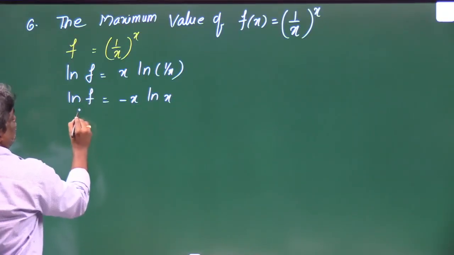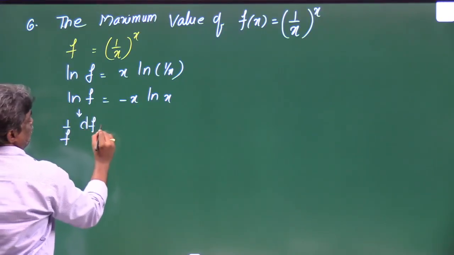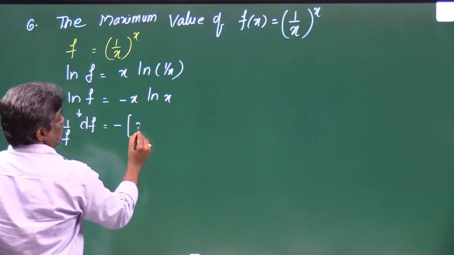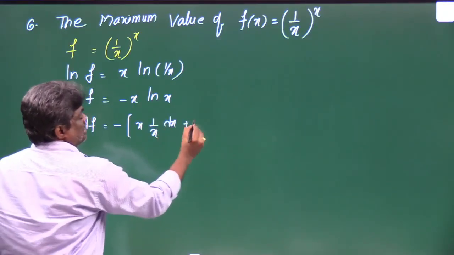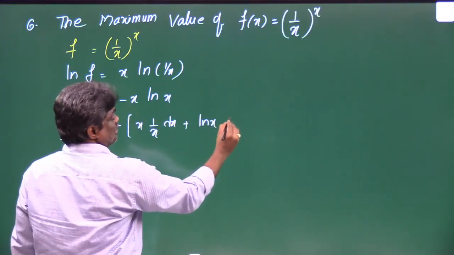Now do the implicit differentiation, that is 1 by f df equal to, here uv formula, minus of x as it is, and this is 1 by x dx, and plus log x as it is, and the differentiation of x is 1, that is dx.